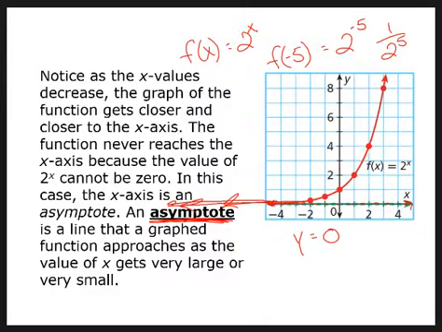And what an asymptote is, it is an imaginary line on your graph that your function approaches and gets really, really close to, but never actually physically touches. So like I said, as our graph continues to go out here to the left, we're going to get really, really close in terms of a y direction of touching 0, but we're never ever actually going to touch it. Okay, so that makes 0 a horizontal asymptote, or the line y equals 0.